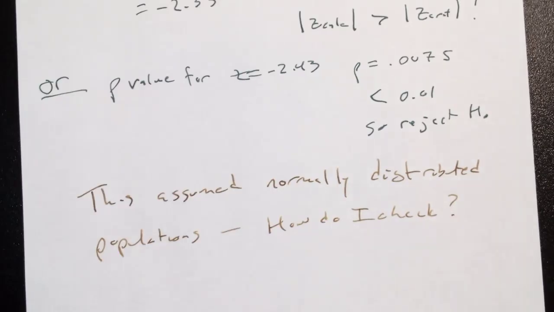How do I check for normal for any proportion problem? Is it like successes and failures that have to be more than 10?